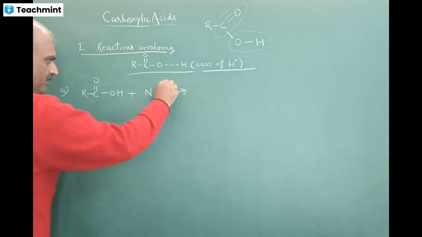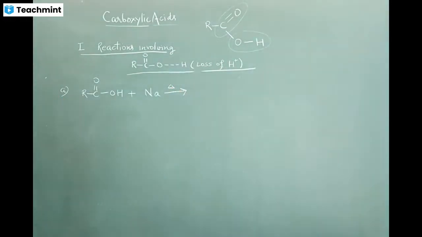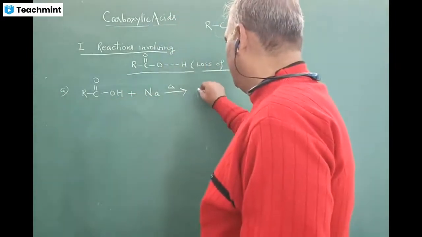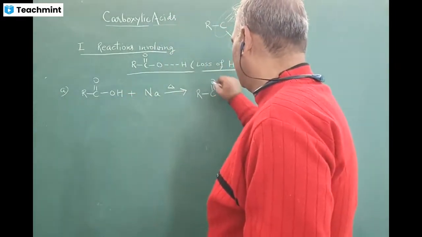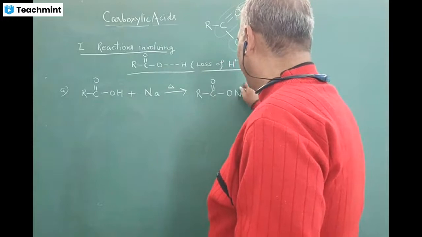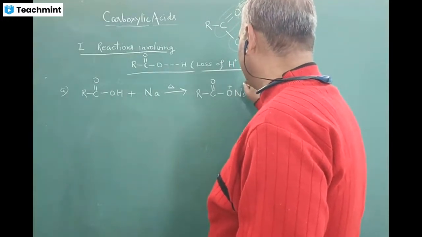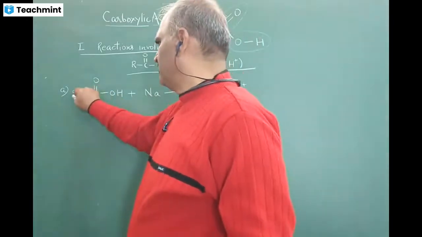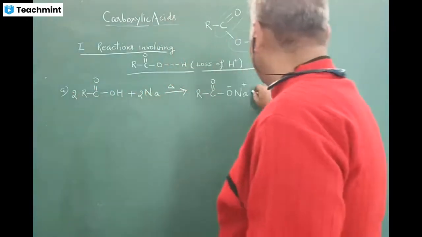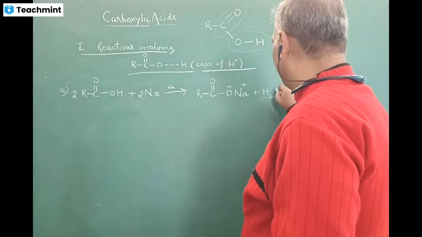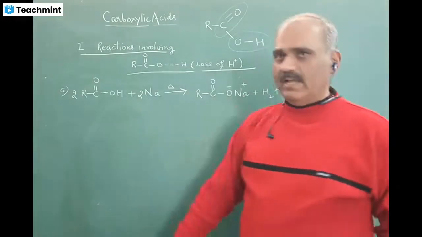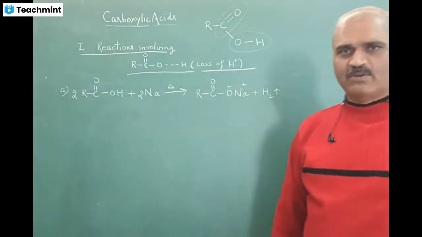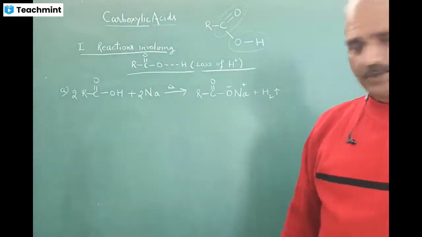If we put a small piece of sodium in carboxylic acid and heat, we get RCOONa. The carboxylic acid molecule gives H plus. We can balance it. So H2 gas is evolved. So in the lab, we can get H2 gas from the reaction of carboxylic acid with sodium.